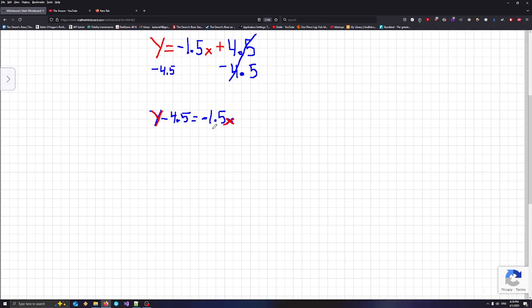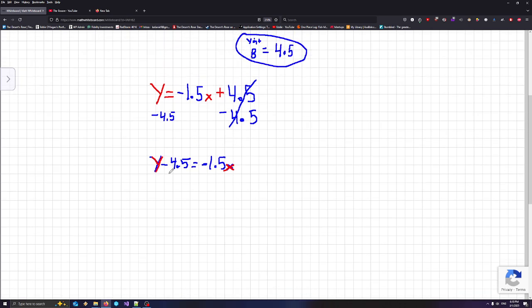And now we need to bring over the minus 1.5 times x, but we just want to isolate the x on one side, and that's basically what algebra is doing: we want to isolate one of the variables on one side or the other to be able to solve for one or the other.